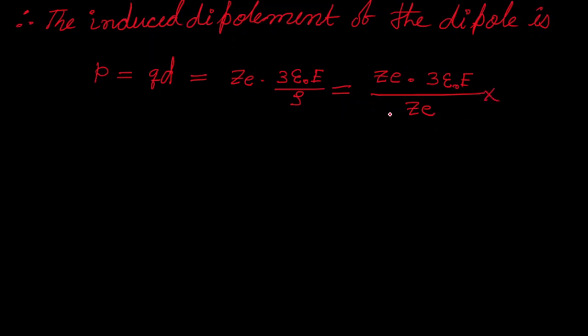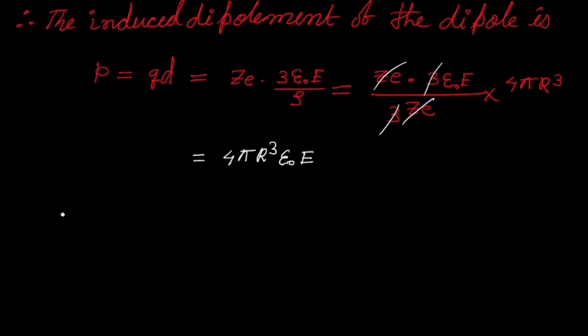So I am writing the volume here, it will be 4 pi r cube by 3. Here you can see this Ze will cancel out, and the 3 will also cancel out. So we get the magnitude of the dipole moment is equal to 4 pi r cube into epsilon naught into E. Okay, so this is the magnitude of the induced dipole moment.